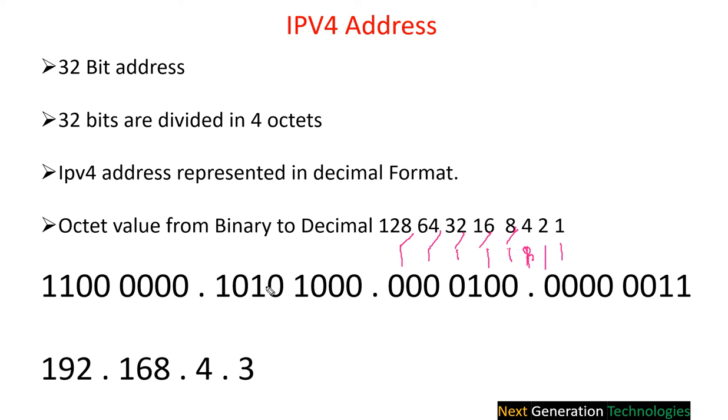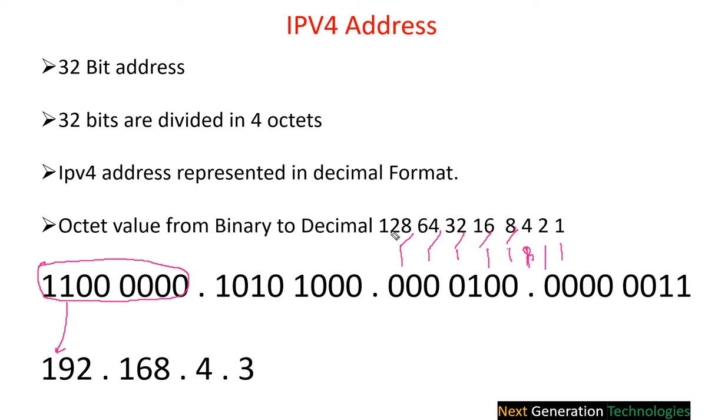So if we want to convert this binary IP address to decimal, each octet is converted from binary to decimal, and the values are added to get the decimal format.